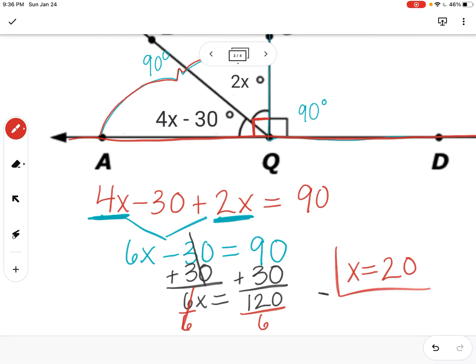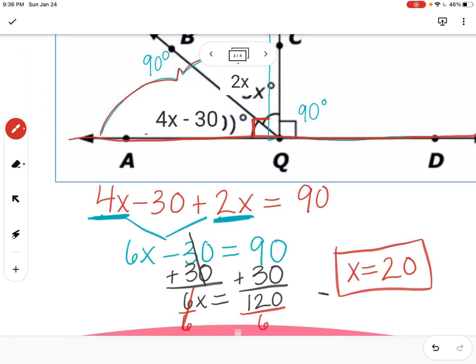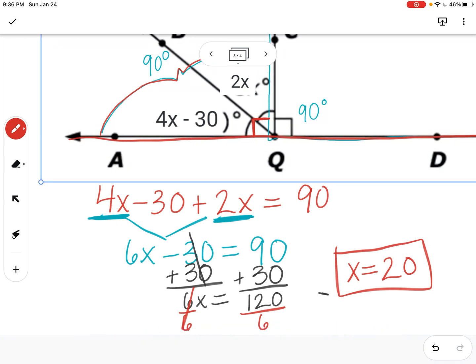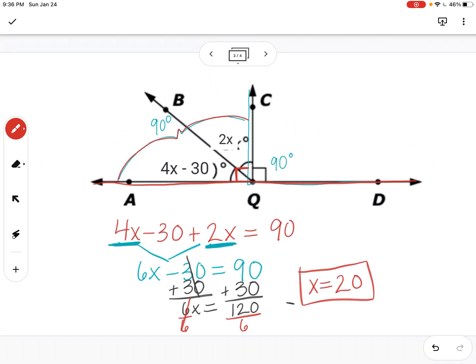So x equals 20. And before you trust what I just told you, let's actually make sure this makes sense when we plug it in. So if we did 4 times 20, that would give us 80 minus 30. So that would tell us that this angle right here was 50 degrees.